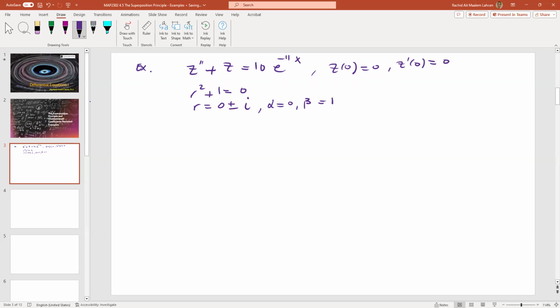Here we compare, okay, that gives us the general solution for the homogeneous case, which is C1 e to the alpha x, which is 0x, cosine beta x, which is 1x, plus C2 sine of x. So that makes it C1 cosine of x plus C2 sine of x.